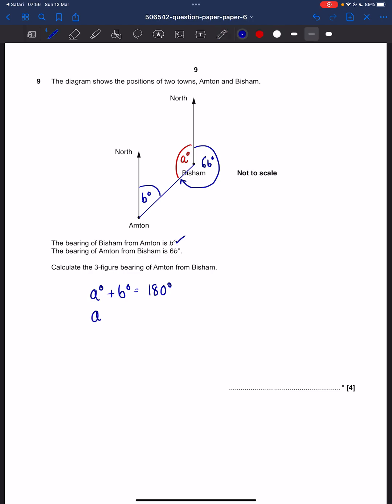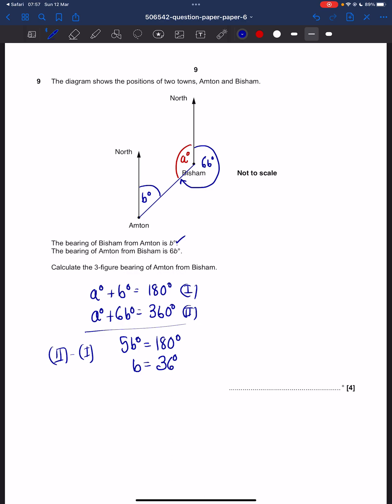And then we've also got A degrees plus 6B degrees is 360 degrees, because that's a full circle. If we do 2 take away 1, we've got 5B degrees is 180 degrees. So B is 180 divided by 5, which is 36 degrees.